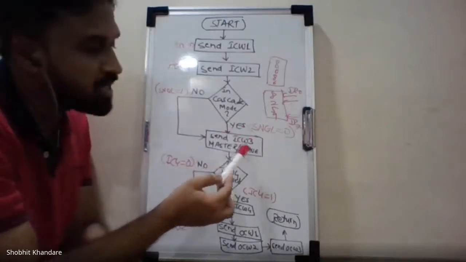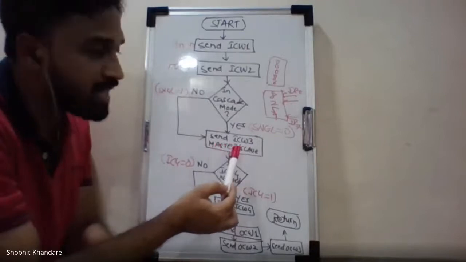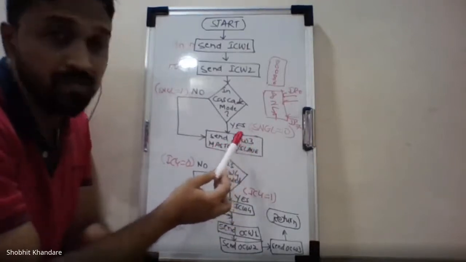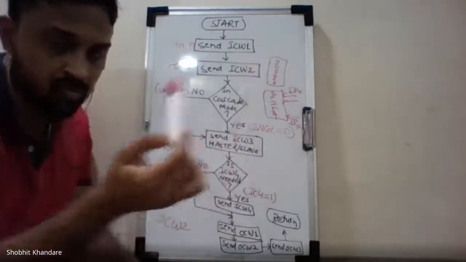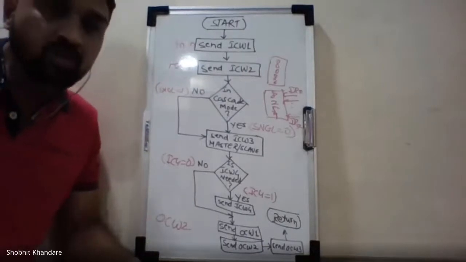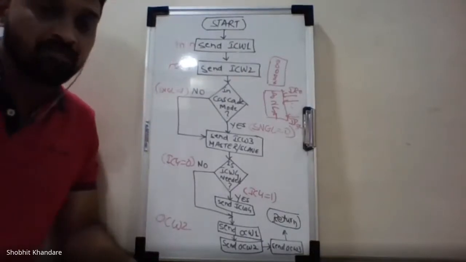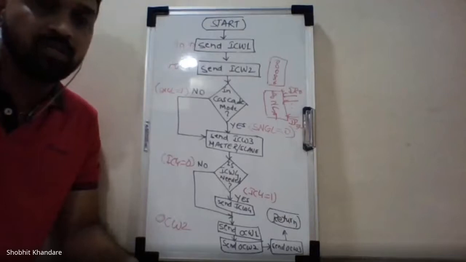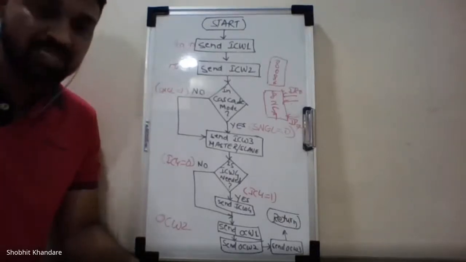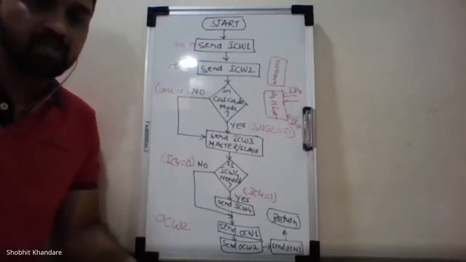If you see properly, what is written there? Master/slave. I want everyone to see the format for ICW3. I have given you two formats. One format is for master and the other format is for slave.